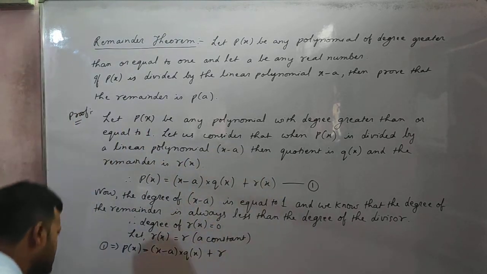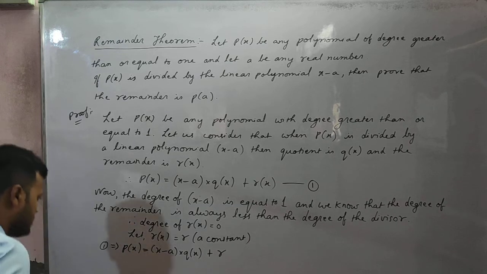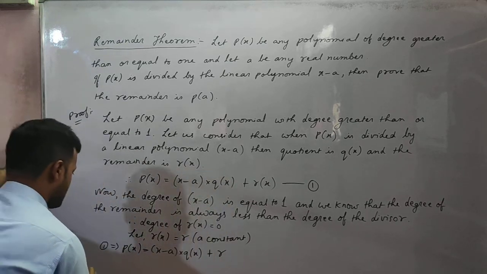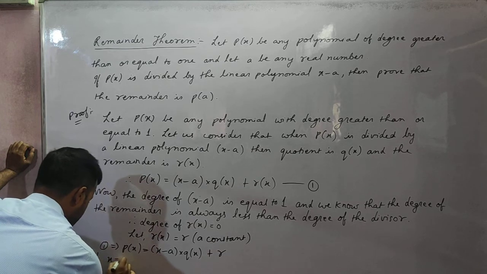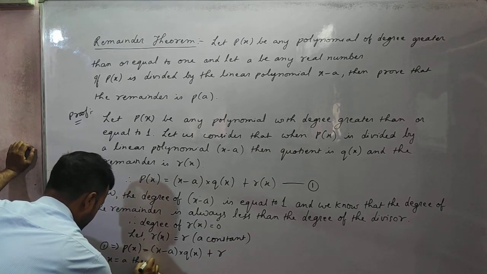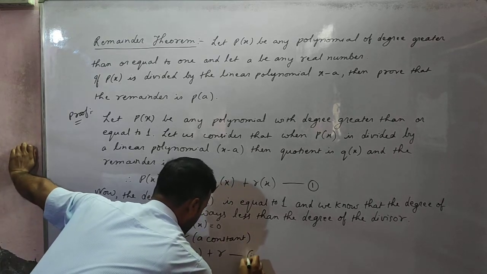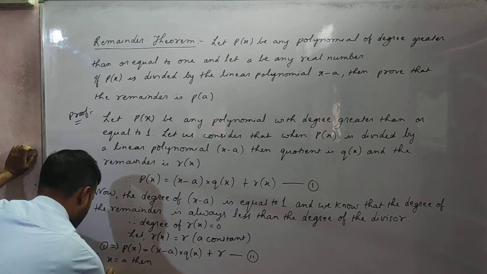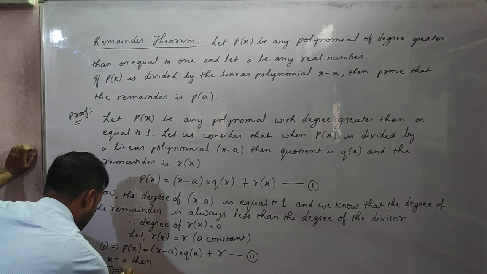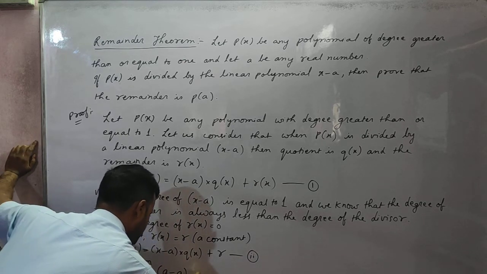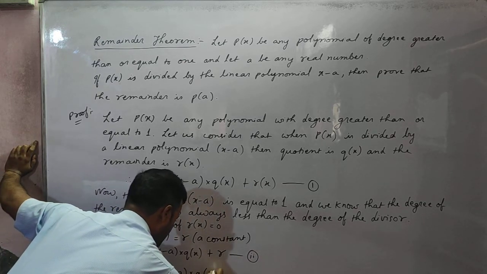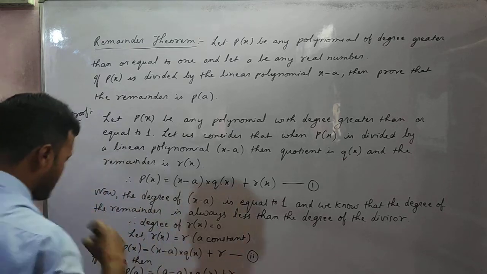Now if x is equal to a, then p(a) is equal to (a minus a) q(a) plus r.